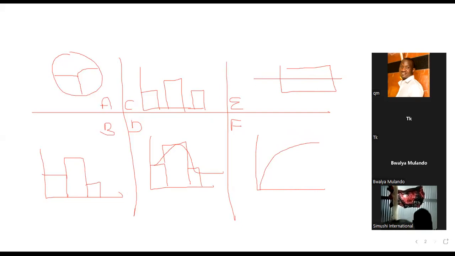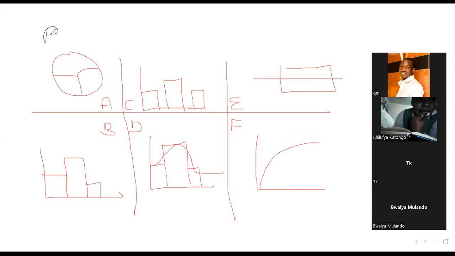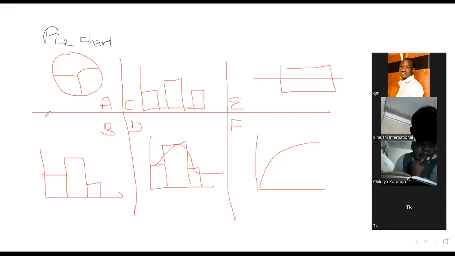It's a pie chart, okay? And what is polygon B? Quickly, let's start from what we already know. It's a histogram. The histogram, okay.